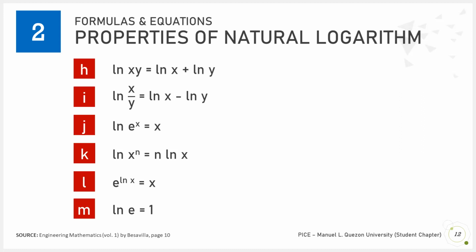And then property J. If you notice, what we did here is bring down the exponent x. Then, there is no natural logarithm following it. Supposedly, it should have the natural logarithm of e beside it. But it's no longer there in property J. Why? Because the natural logarithm of e is actually 1 according to property M of natural logarithm. So technically, if we transform the natural logarithm of e raised to x, we have x multiplied by the natural logarithm of e.